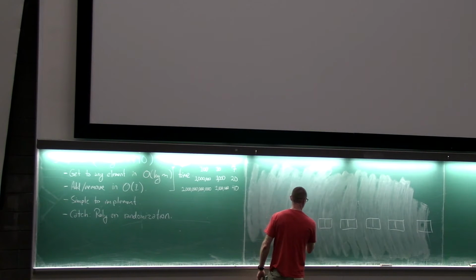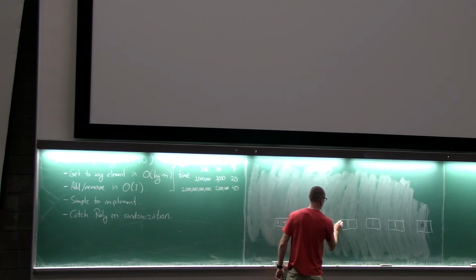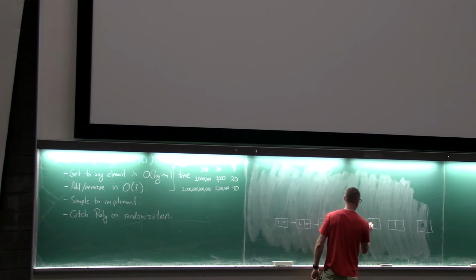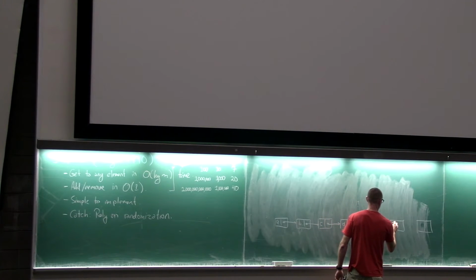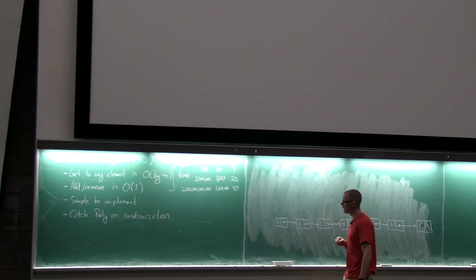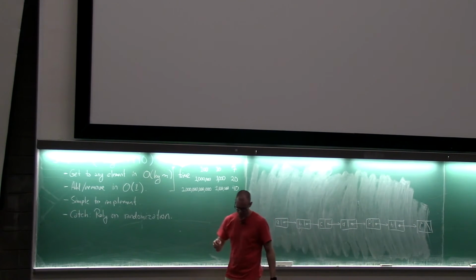Now I'll call these things A, B, C, D, E, and I. You start with a singly linked list like this.